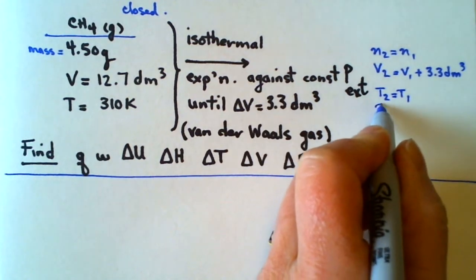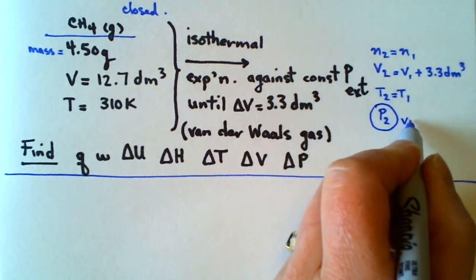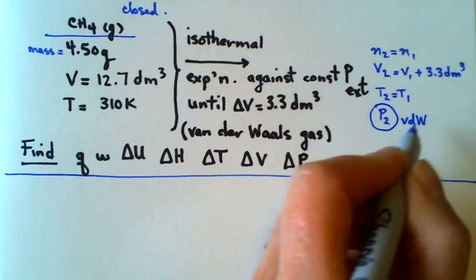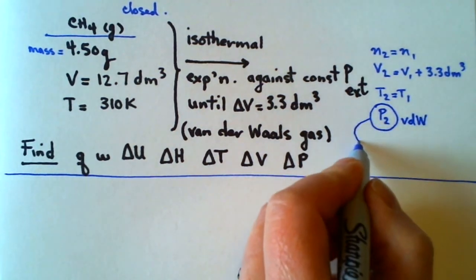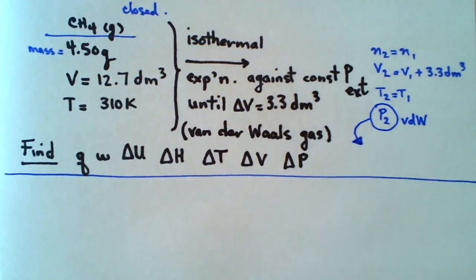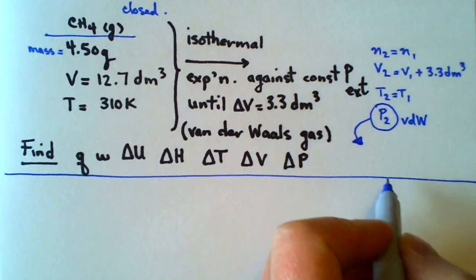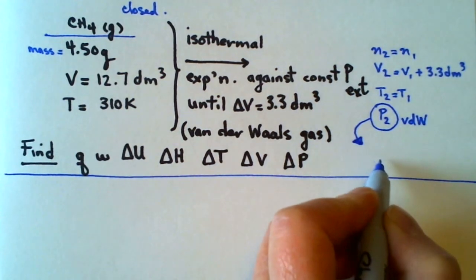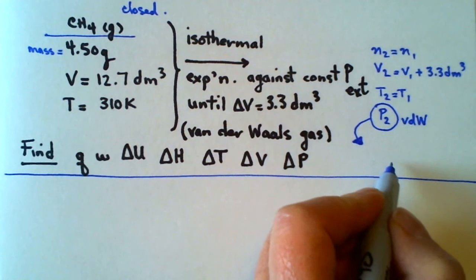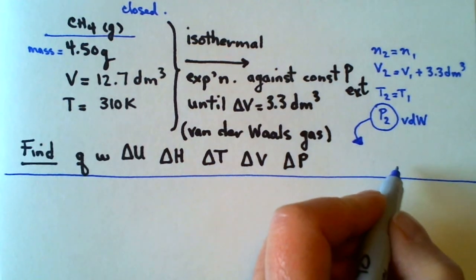but I want to remind myself that pressure is the van der Waals pressure. And so I'm just going to write out my formula here, which you should know, the formula for the pressure for a van der Waals gas. And that formula is equal to what?